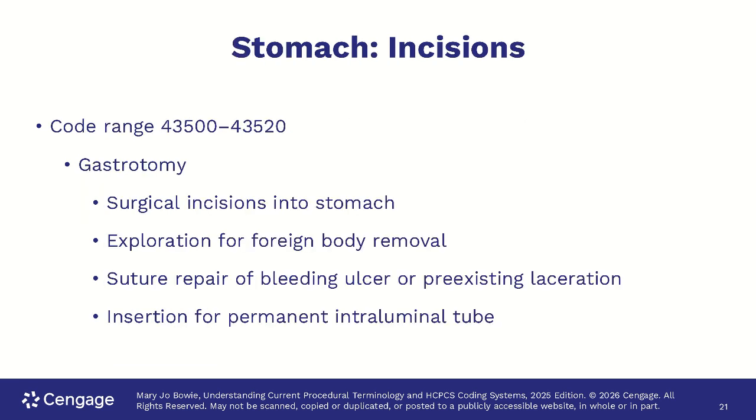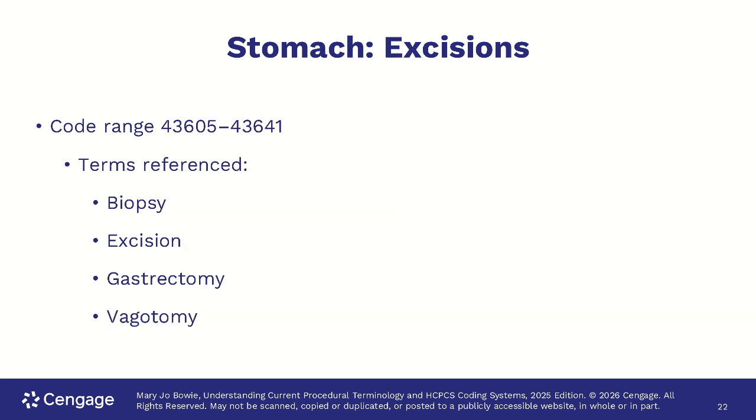As it relates to stomach incisions, you're going to see gastrostomy, otomy, making an incision. Here, these codes are differentiated based upon what they are doing. Are they just looking around? Are they repairing? Are they dilating and inserting a prosthesis? Pay close attention to what is actually happening with that procedure.